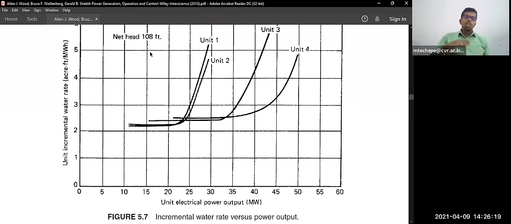Long-term forecasting means from 1 week to 1 month, or 1 month to 1 year, 365 days. What is the average water level, and how much power is being generated? The public works department collects all this data and gives it to the electricity board. Thereby the government of Telangana approves: based on this water level, you can generate this much power.